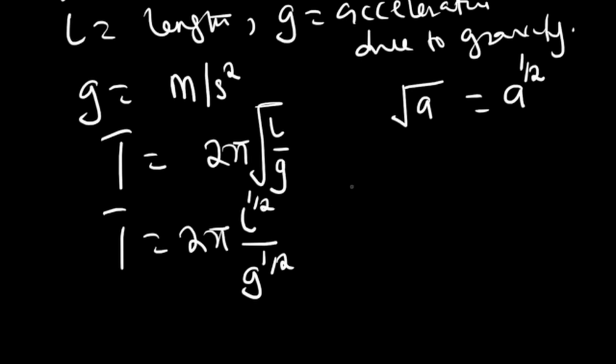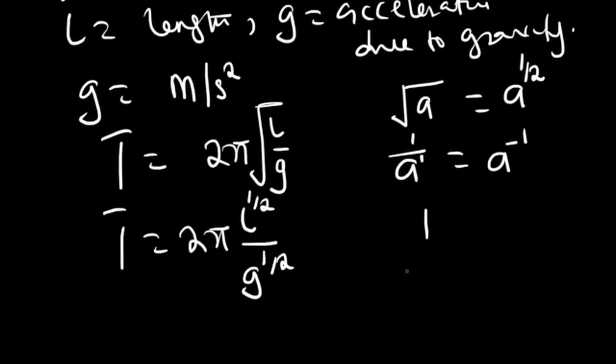According to the laws of exponents, if you have something like 1 over a, remember that this a has the power of 1 underneath, it can be written as a to the power negative 1.